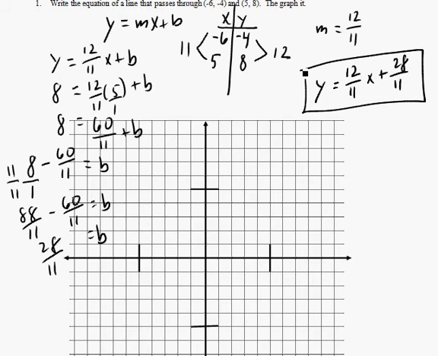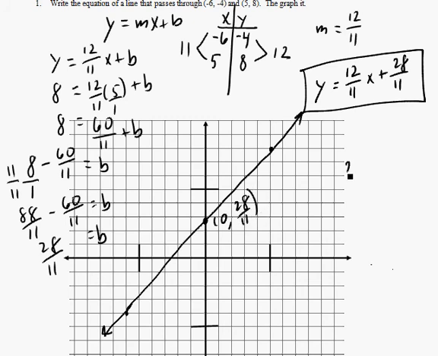Now, let's graph our line. We know that the line passes through the point (-6, -4) here, and the point (5, 8). And if I try to draw this line as straight as I can, I get something like this. Now, this y-intercept should be (0, 28/11).